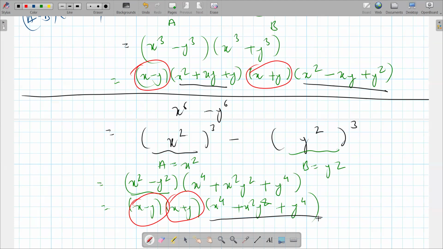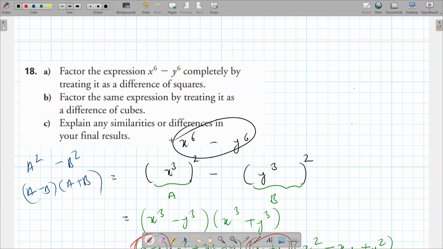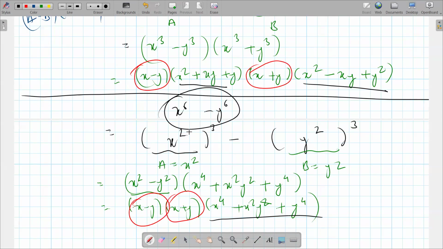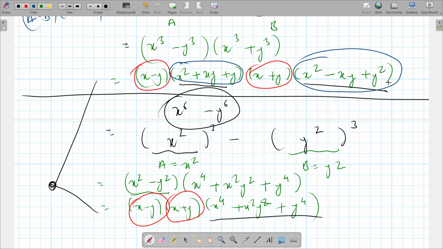But ultimately, they're both equivalent, okay? They're both exactly the same thing because we started off with the same thing. So the final answer also, although it looks different, they're the same thing. And you can verify this by multiplying it out. If you multiply this term here with this term and FOIL it out, you will get this.